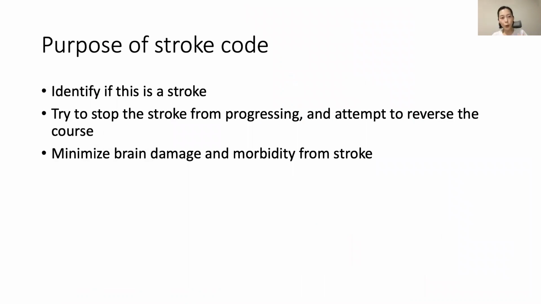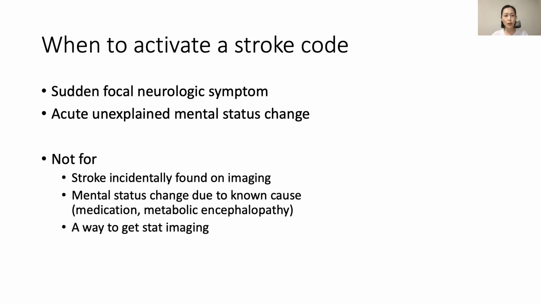And so the whole purpose of a stroke code is to, first of all, identify if this is a stroke that's going on, and then try to stop the stroke from progressing and try to reverse the course of the stroke so that we can get the patient back to being normal again. And if that is not possible, then at least try to minimize the brain damage and morbidity from the stroke.